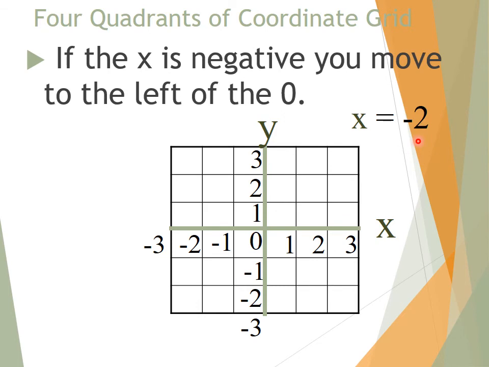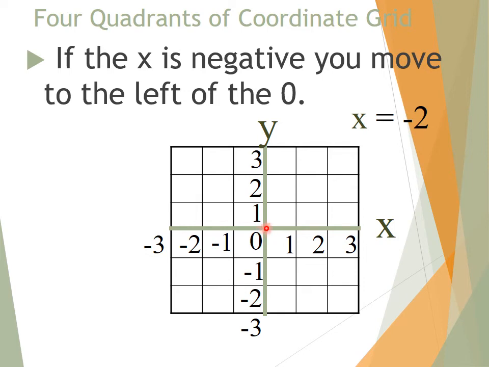That means if the x is negative, you move to the left of the origin. So this is the origin with value 0. This is 1, this is 2, and this is 3. Again, if we go to the negative side, this is -1, this is -2, this is -3.